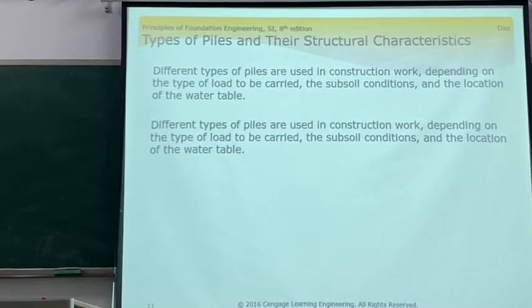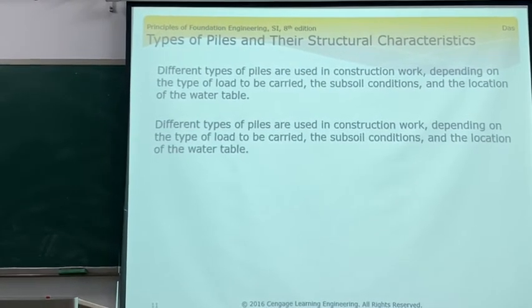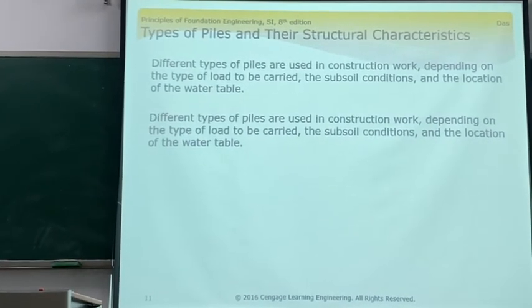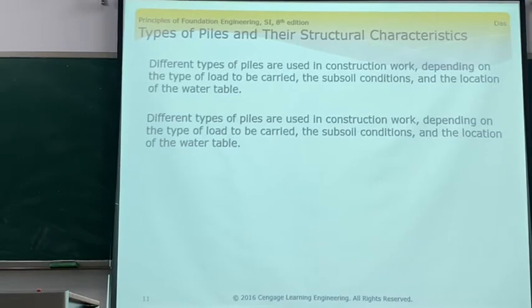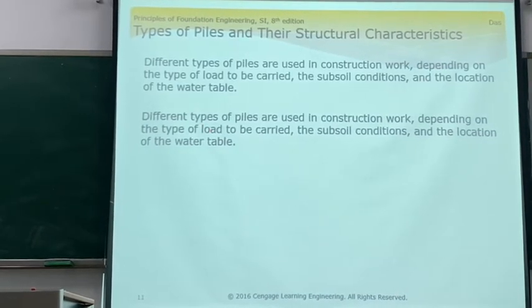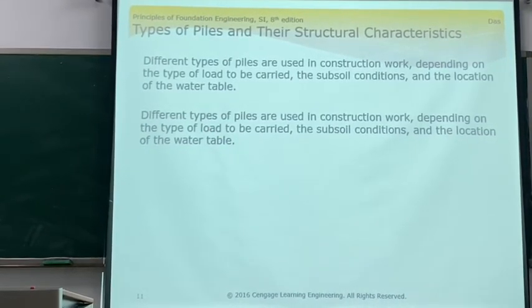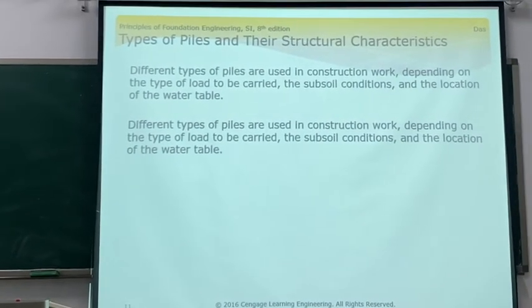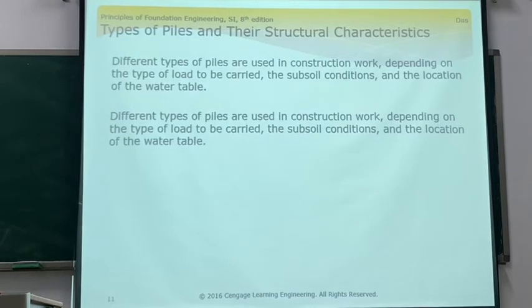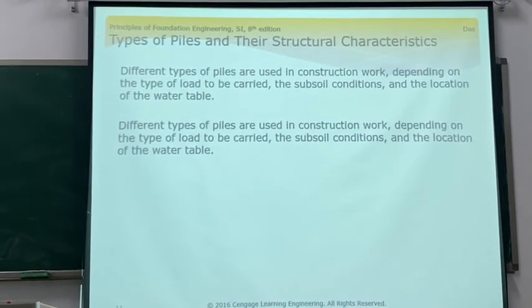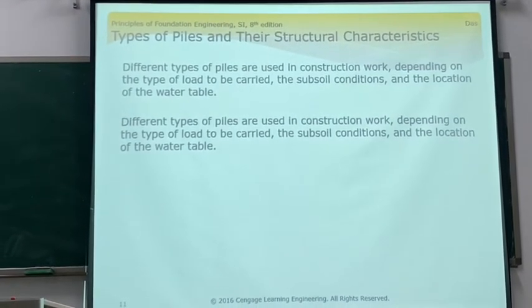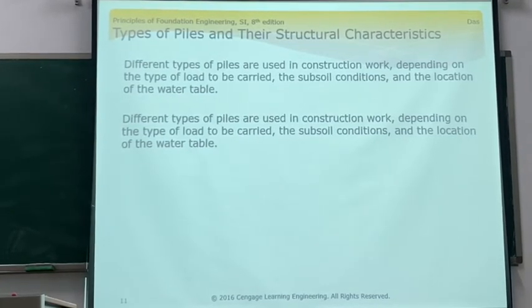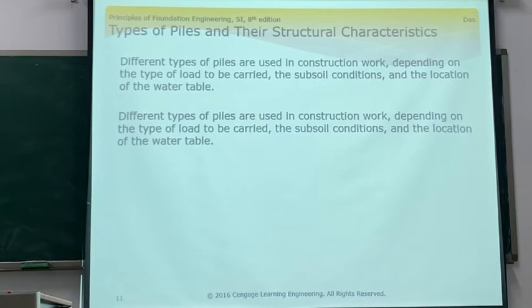Then you can use a machine or another method to construct it. When the load is very large, the depth of the pile, the diameter or the size of the pile is very big. At this condition, you need a large machine to construct.